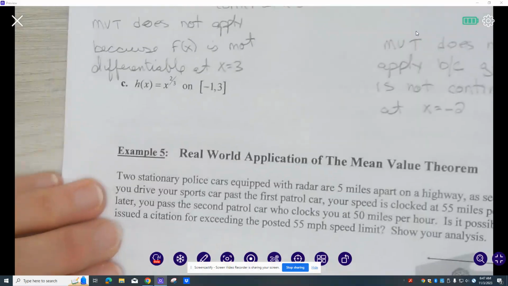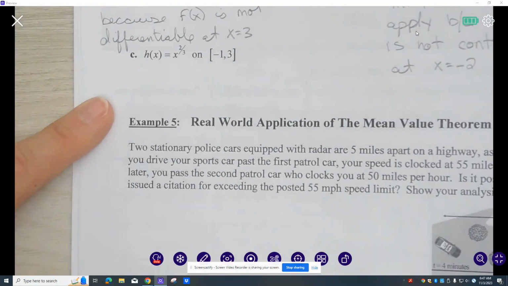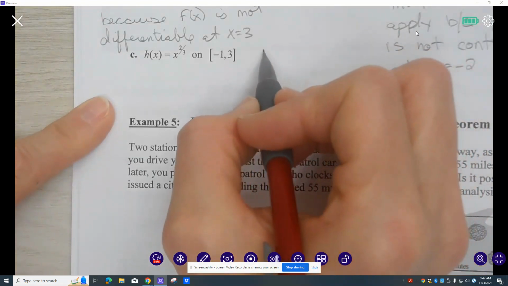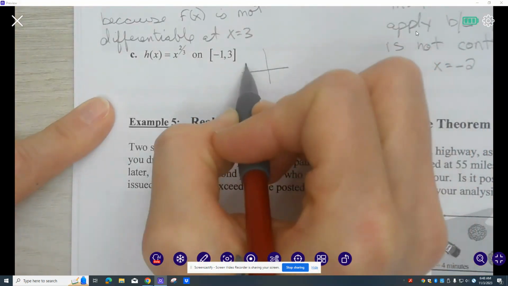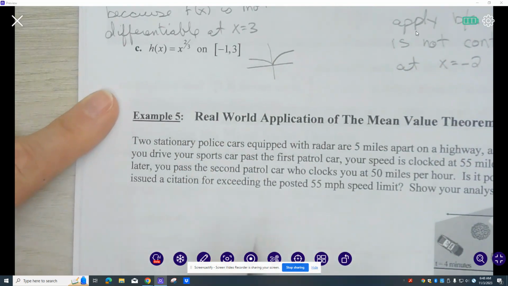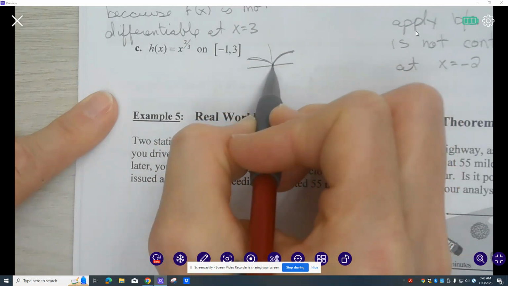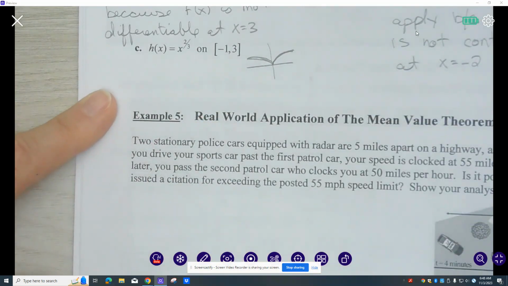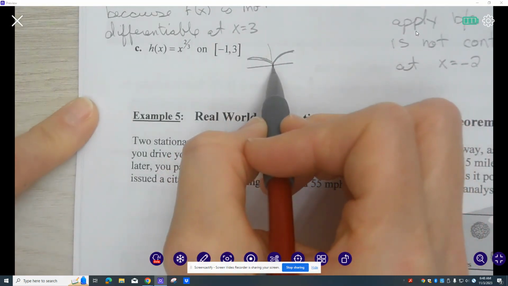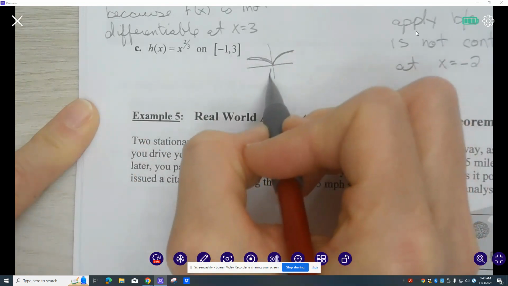at x equals -2. You could also say there's a vertical asymptote at x equals -2, but cannot use mean value theorem there. This graph was in your packet from the beginning of the year as one of those you want to memorize. This is what I call the seagull graph, right? This looks like how you would draw seagulls when you were in elementary school. So it's got this cusp at x equals 0, which is in this interval.